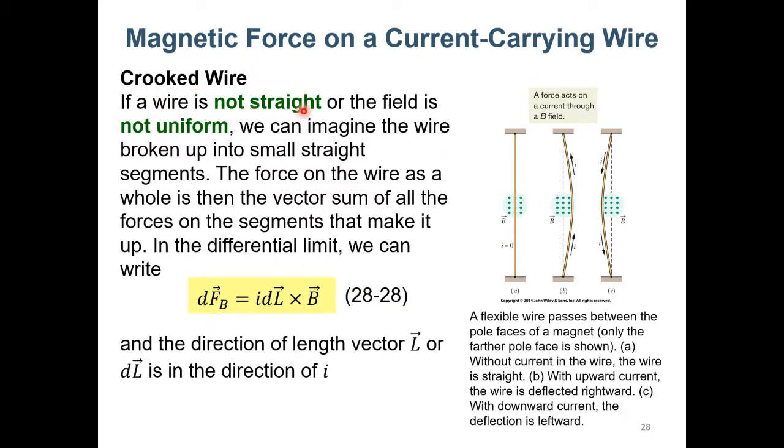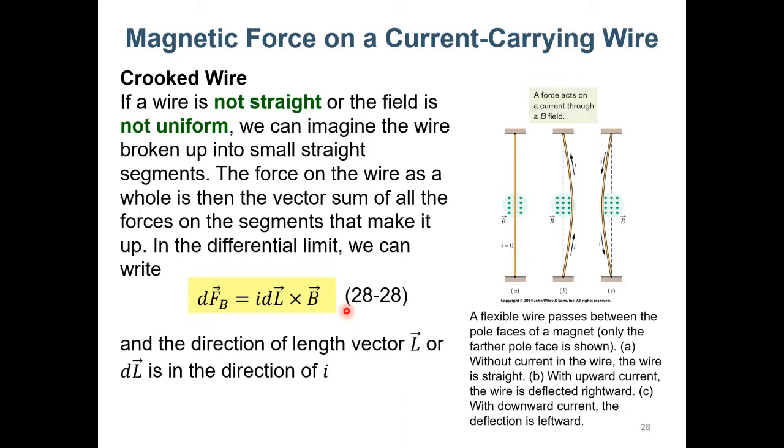If a wire is not straight or the field is not uniform, we can imagine the wire broken up into small straight segments. For every infinitesimally small length, we cross with the B field, and then we can integrate together.